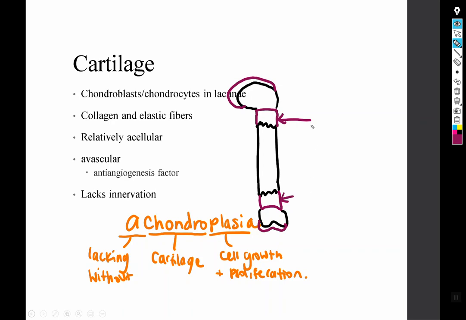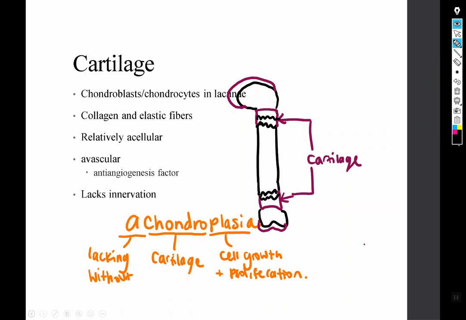So this is cartilage. What happens at these little areas, which are called metaphyses, by the way, you'll learn about those in the skeletal system lecture, is as a person grows, the edge of the cartilage that's facing the bone gets turned into more bone. And so we lengthen the bone a little bit that way. And then more cartilage gets added.